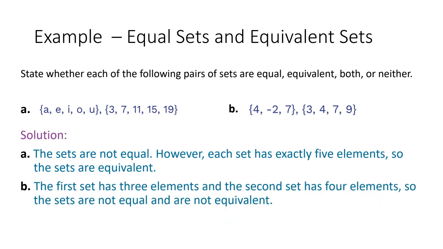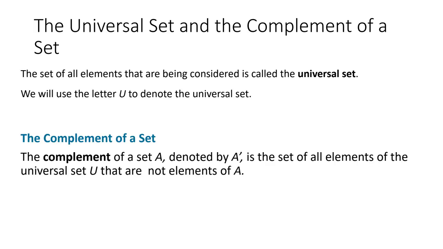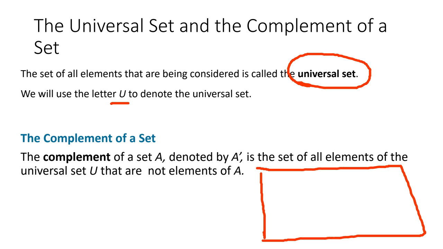So now we're going to move on to some other terms. When we're looking at sets, we consider something called the universal set. And we use the letter U to denote that universal set. For example, we're going to talk about Venn diagrams in a little bit. But you could think of the universal set like a box: everything in this box is going to be your universal set.